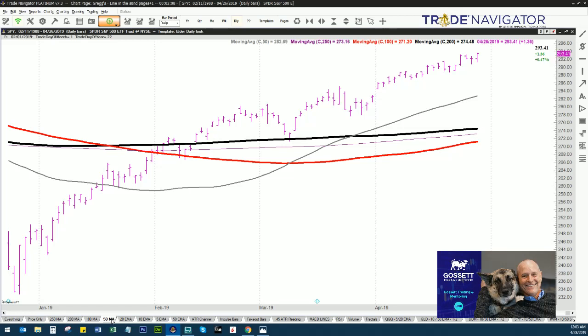I would say that the institutional financial companies and traders, the largest ones, look at two moving averages: the 50-day and the 200.